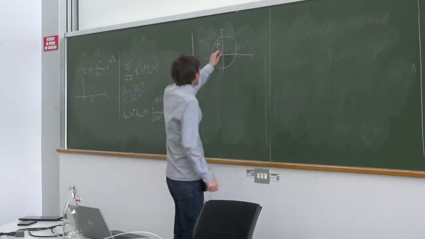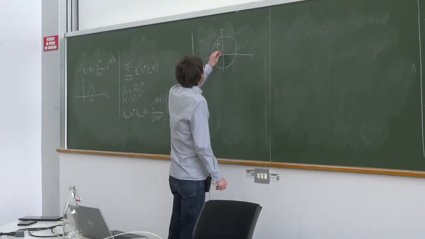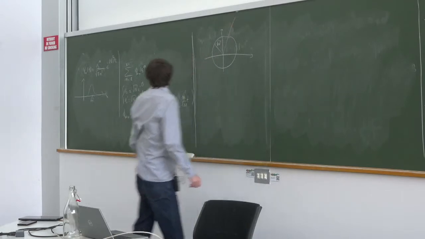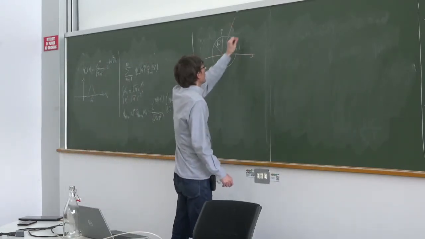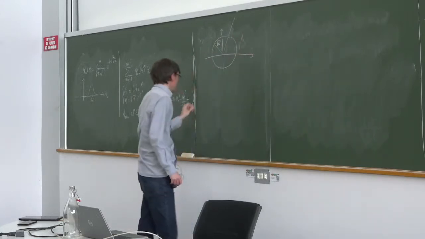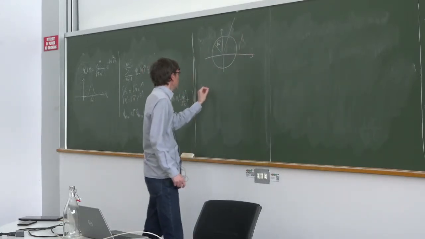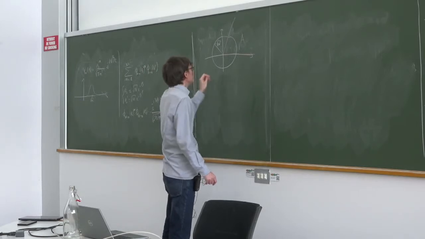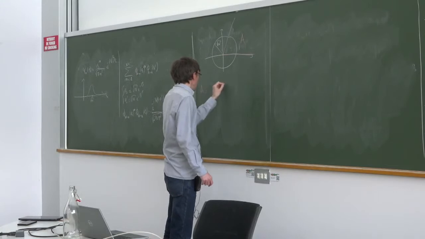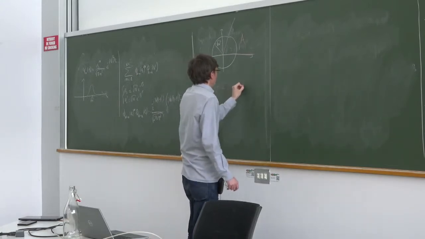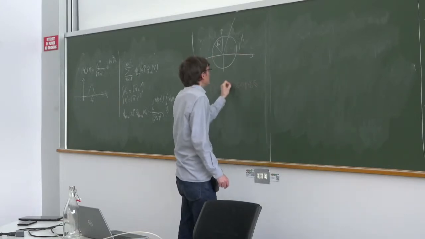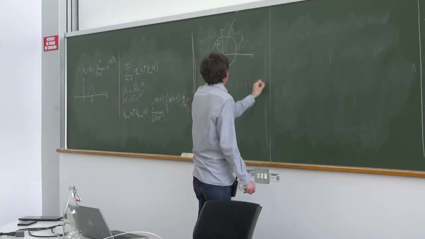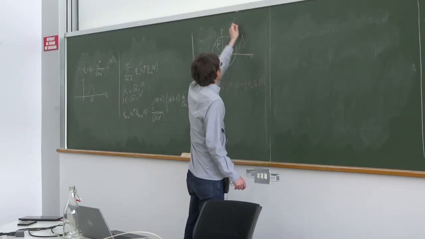And what we did, to emphasize the role of these edge contributions, was to consider a region A, which is just the angular region: just the points in the complex plane such that their argument is between 0 and some angle theta. So it's this region here.